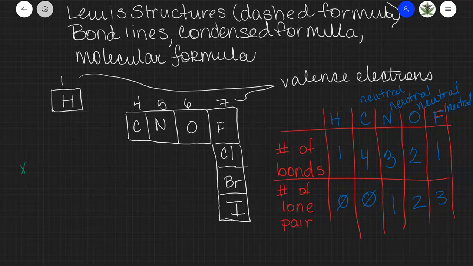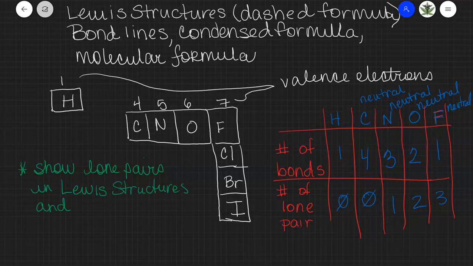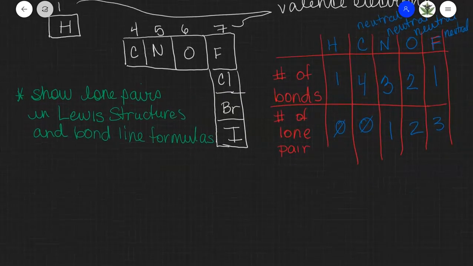Keep in mind that you have to show lone pairs in Lewis structures and bond line formulas. You have to show those dots in Lewis structures and bond line formulas.